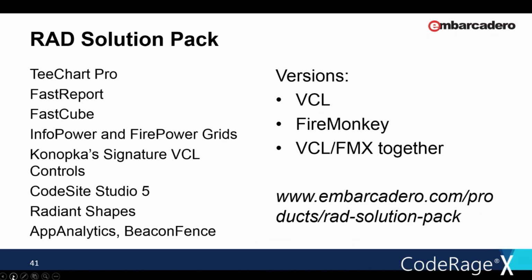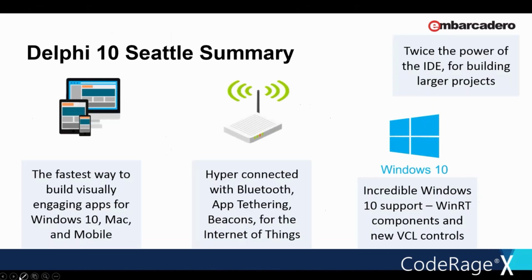And so this is the ultimate package in terms of providing support in different areas: reporting, business graph, VCL controls, analytics, and others. And there is a VCL version. If you're just focused on VCL, there's a FireMonkey version, and there is a version that bundles the two sides together.